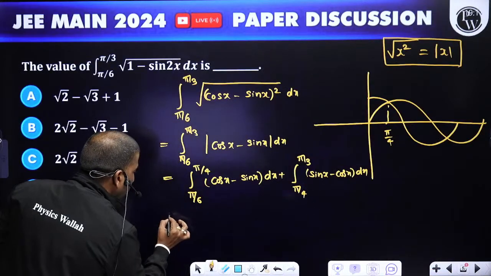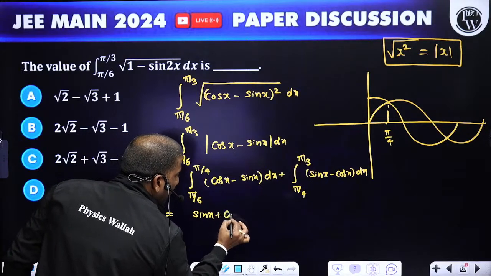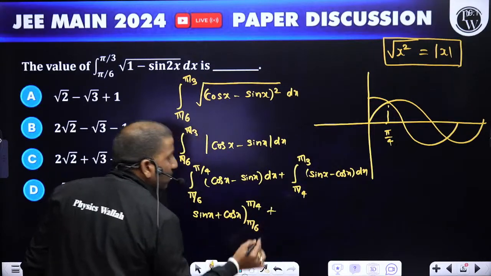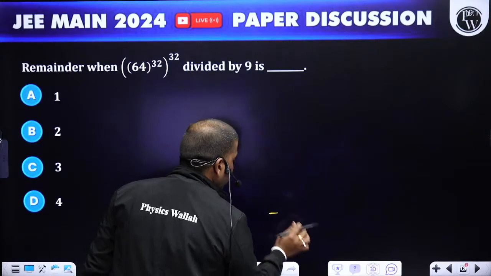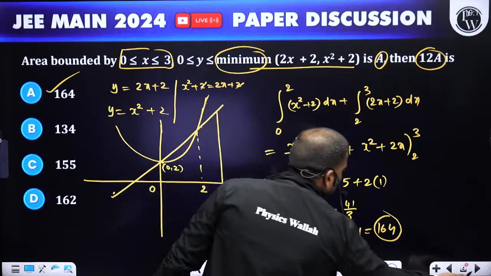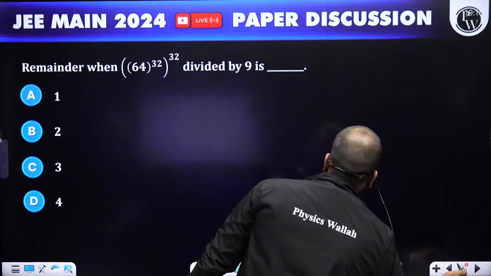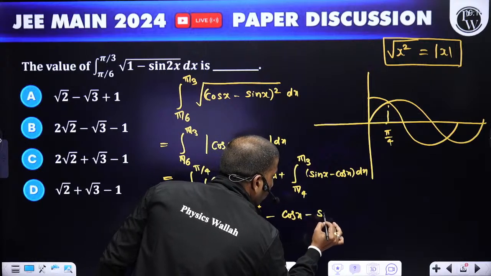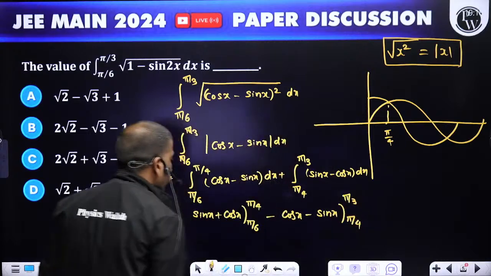Now this is equal to integral of cos x minus sin x, limits pi by 6 to pi by 4, plus integral of sin x minus cos x. The integral of sin x is minus cos x, so it is minus cos x minus sin x, limits pi by 4 to pi by 3.